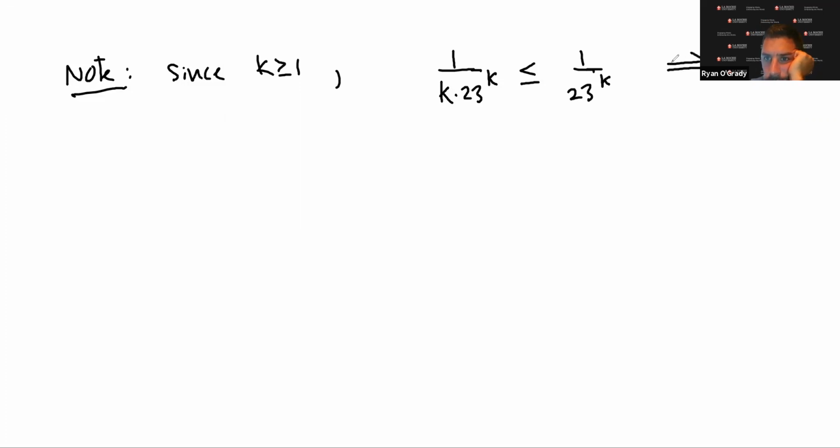Everything's positive, so there's nothing illegal with doing this. And of course, if you still don't see it, then you could have removed the 23 to the k. This is the same thing as this.